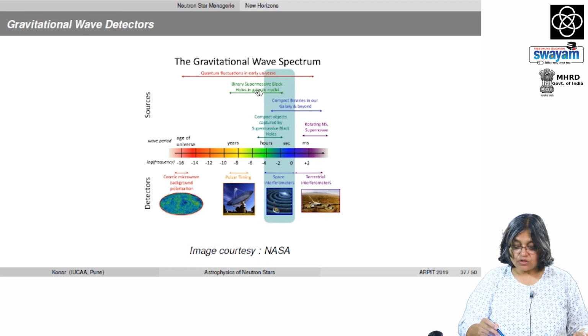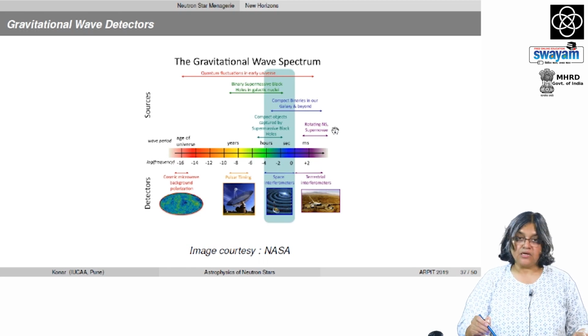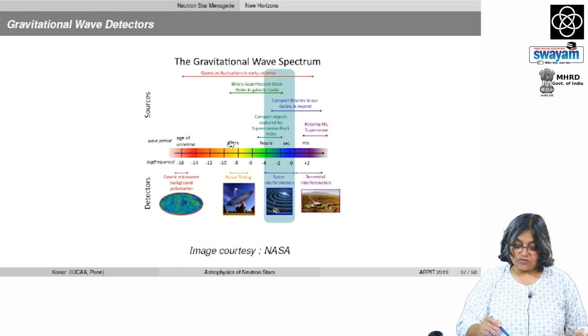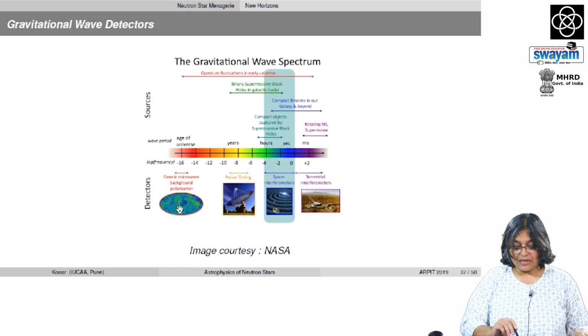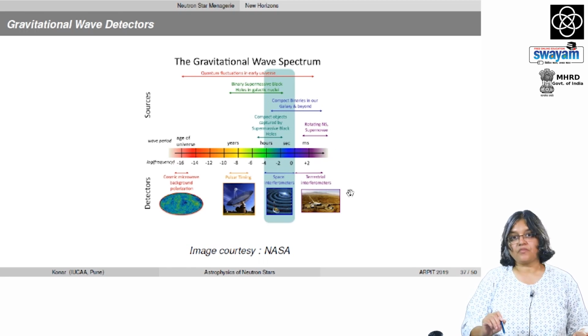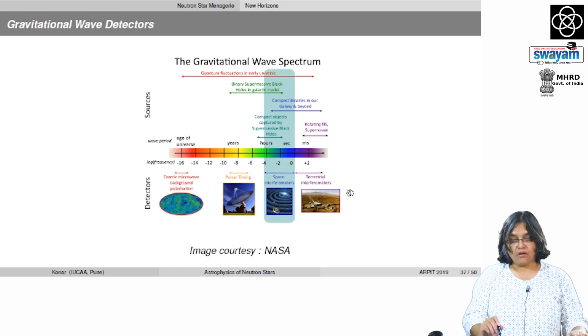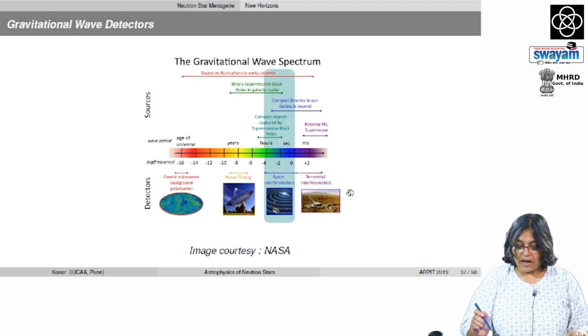Different sources generate gravitational waves at different frequencies. They also correspond to different ages of the universe and there are different kinds of detectors. So, now where are the neutron stars?